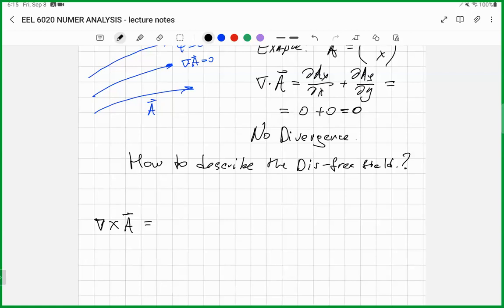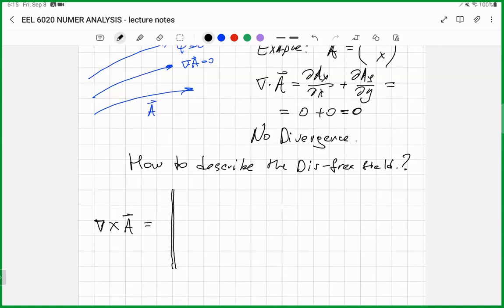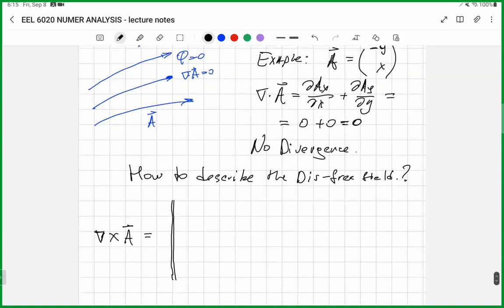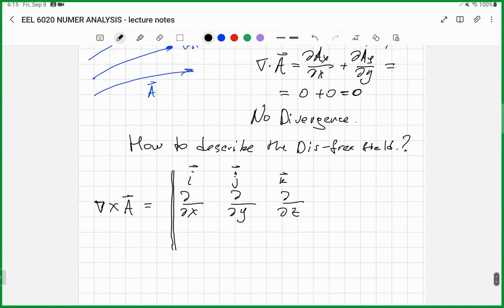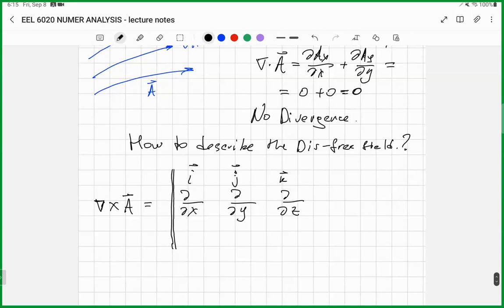So the cross product is given by the combination of i, j, k, then d dx, d dy, d dz. These are components of the nabla, okay?